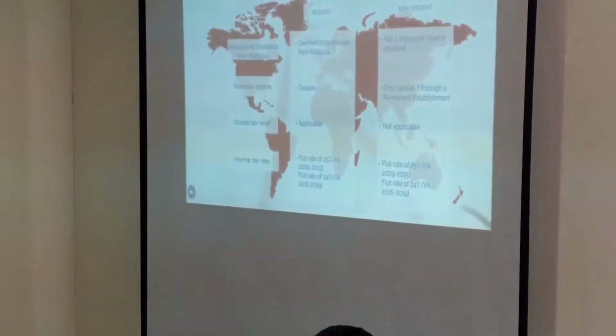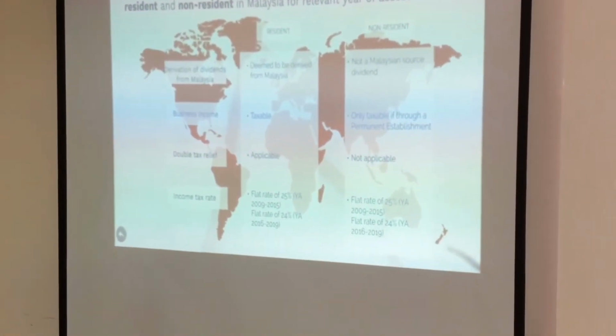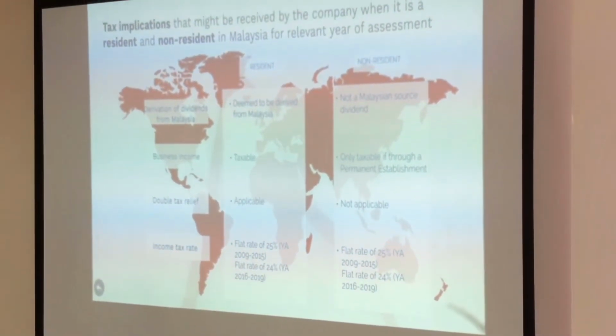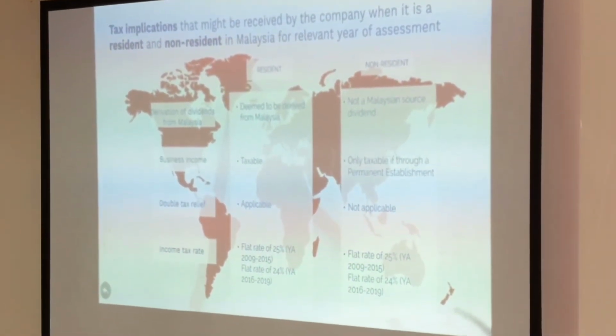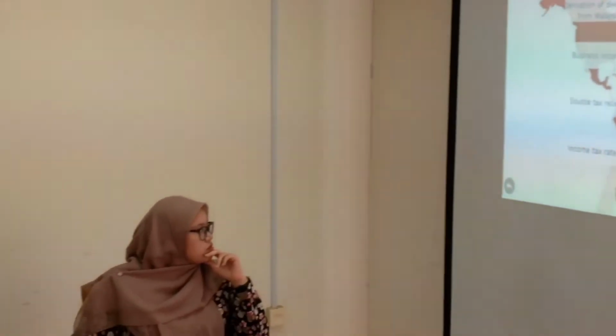Next, the business income. The business income of a resident company is taxable. It is deemed derived from Malaysia. It means that business income is taxable if it is deemed derived from Malaysia as in section 12.